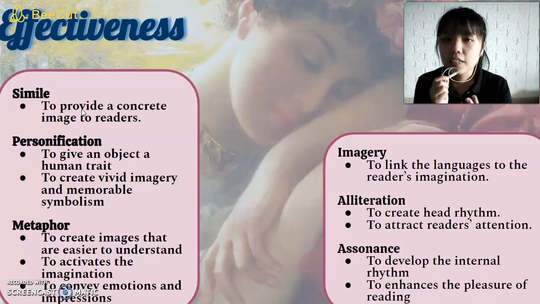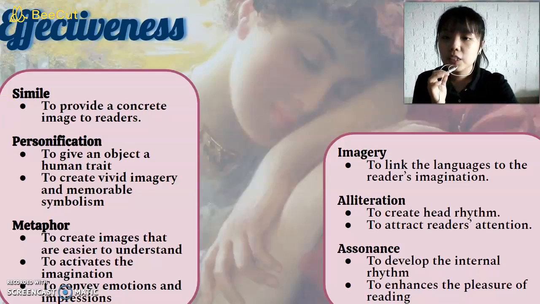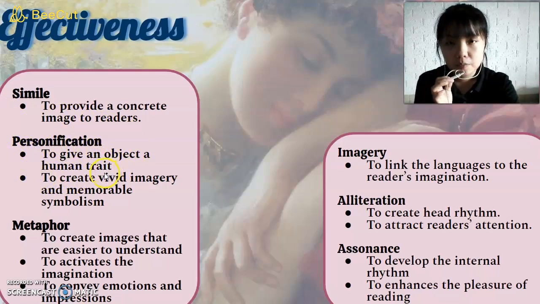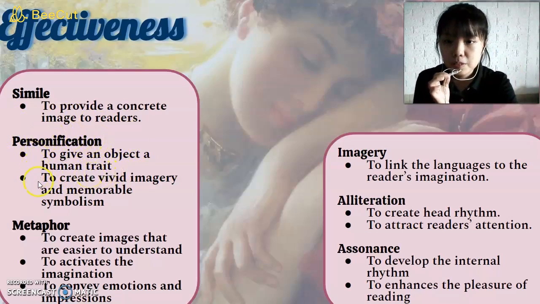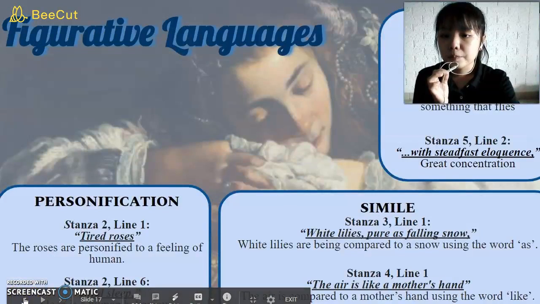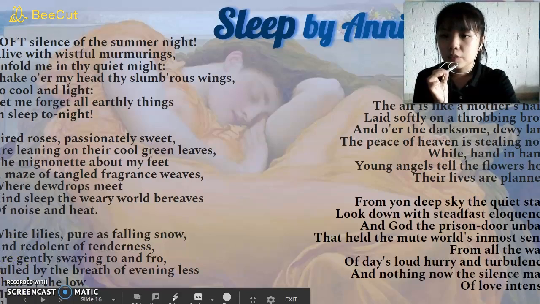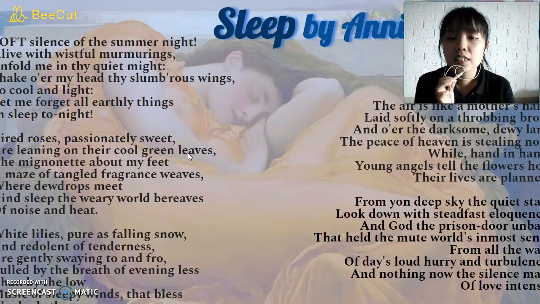Okay, the second figurative language that I found is personification. Personification is to give an object a human trait and to create vivid imagery and memorable symbolism. Okay, back to the poem. Let's look at this sentence: "Tired roses, passionately sweet, are leaning on their cool green leaves."